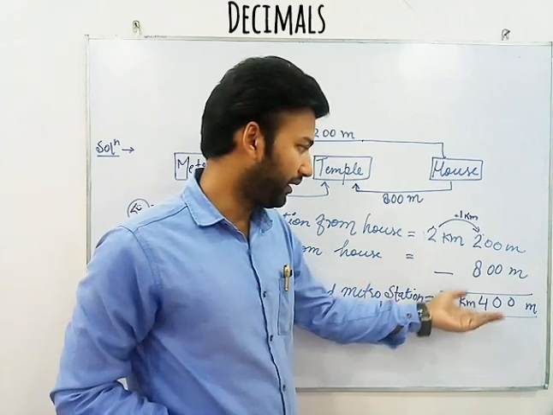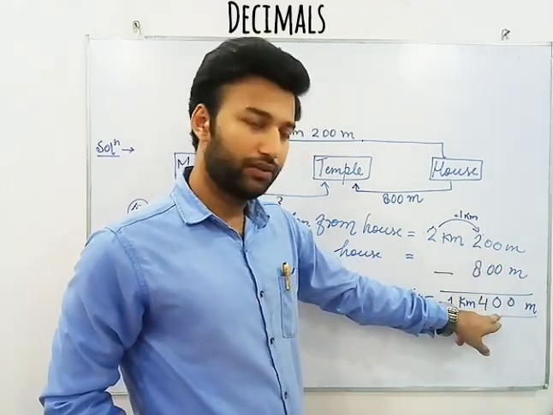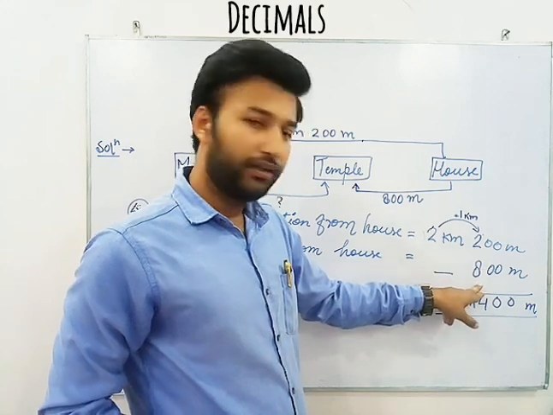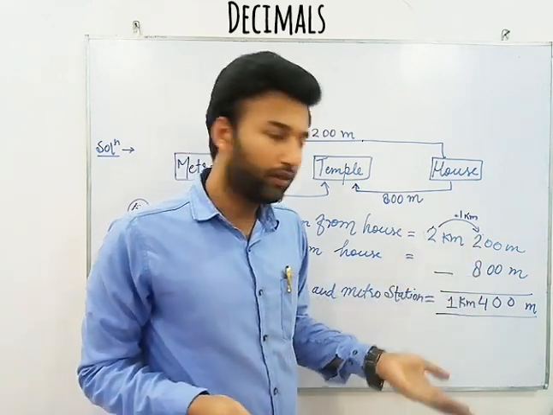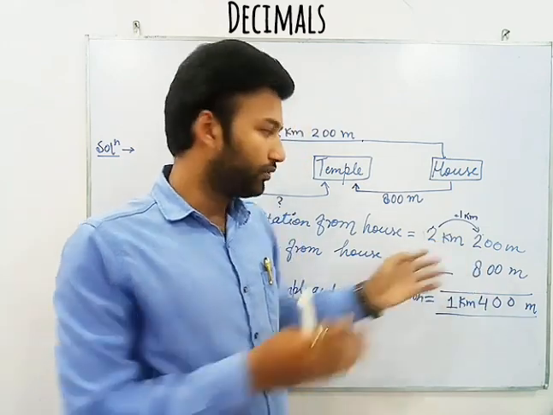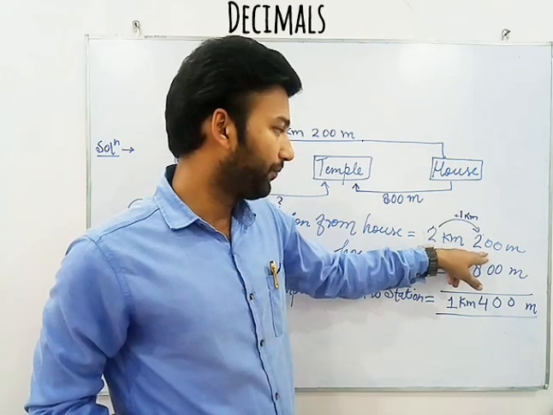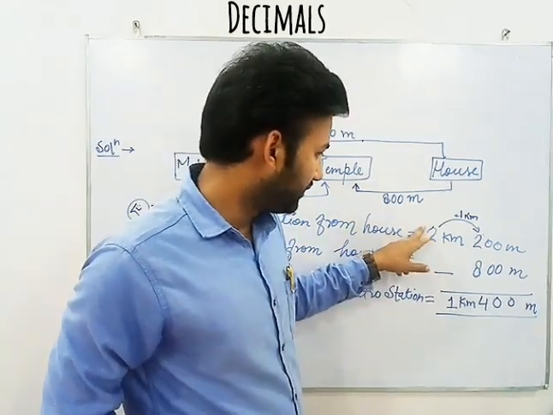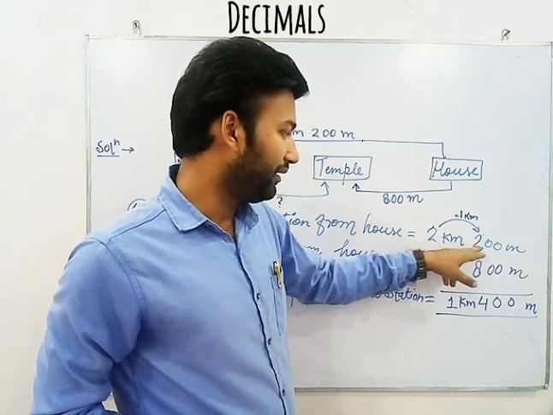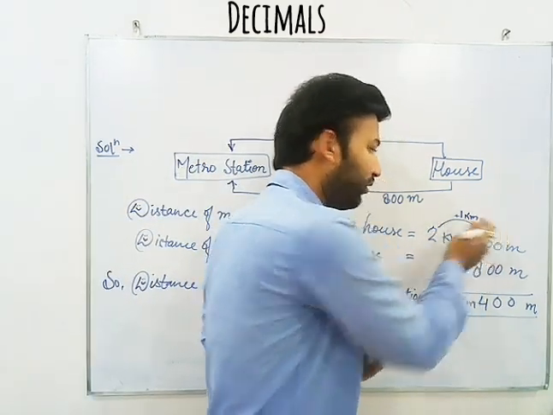So how to subtract? 0 minus 0, 0, and 0 minus 0, 0. 2 and 8, we cannot subtract 8 from 2, so we will borrow 1. And how to take the borrow? See, this is 2 kilometer, so we will borrow 1 kilometer.